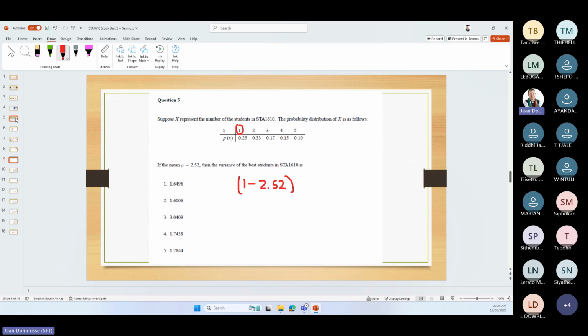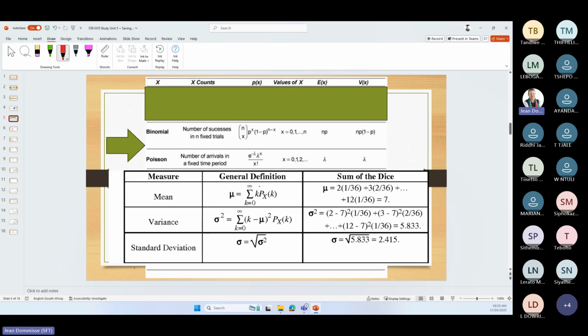Let's just check, make 100% sure. As for others that we will see in normal distribution and going forward as well, and what we've seen in study unit 3, how to work out the variance.